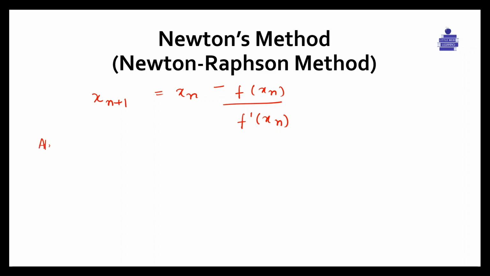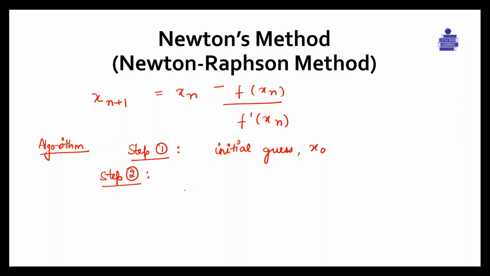The algorithm steps involve: step number 1, we need to choose the initial guess, denoted as x0. Then step number 2, we compute the next estimate, that is x(n+1) equals x(n) minus f(x(n)) divided by f'(x(n)).